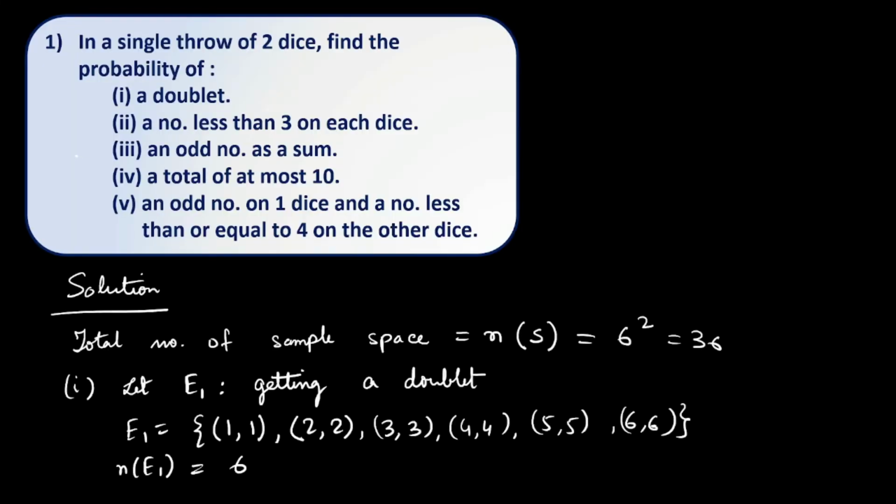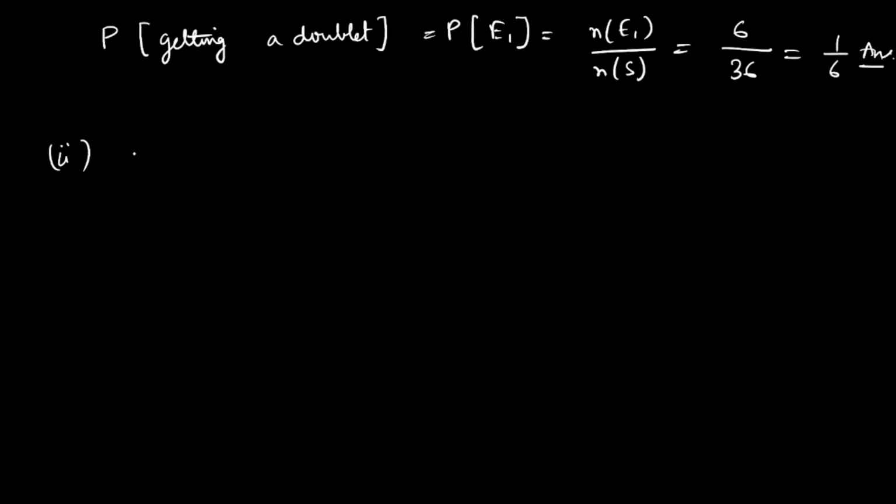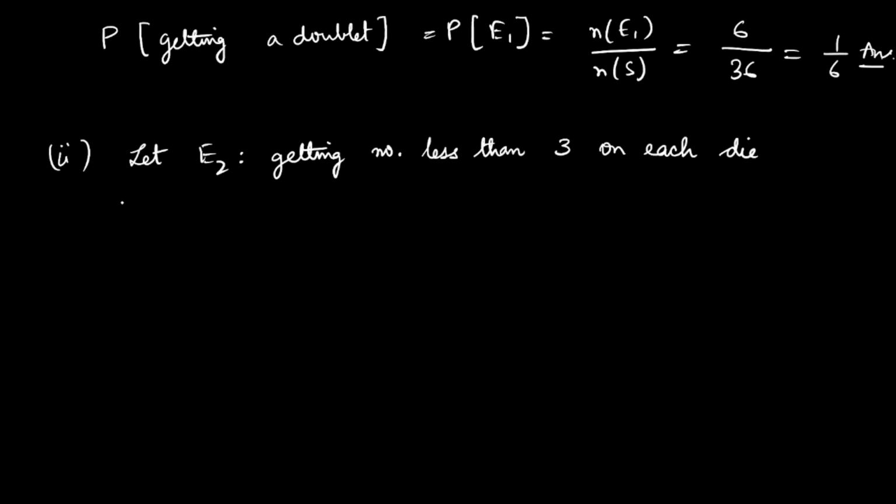A number less than 3 on each dice. So basically you will be getting number less than 3 when you throw the dice. So let us define event E2, getting number less than 3 on each die. So the elements of E2 will be, in the first throw of the die you got 1, in the second throw you got 1.